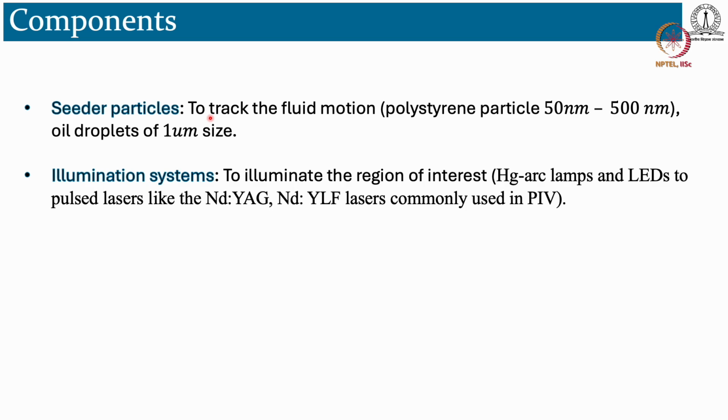Then the illumination system, basically to illuminate the region of interest, and in case of micro PIV we are more concerned with a volumetric illumination, which will be discussed later in detail. There are a lot of illumination systems, however lasers are the most widely used because of the ability to emit monochromatic light, and they are highly collimated lights with very high energy density.